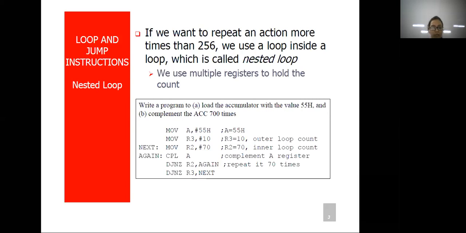If you want to run your loop 700 times, here you can see it has been divided into two register parts. One register has data 10, another one has data 70. So the inside loop will run 70 times and the outside loop will run 10 times.